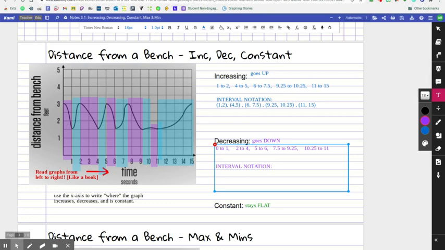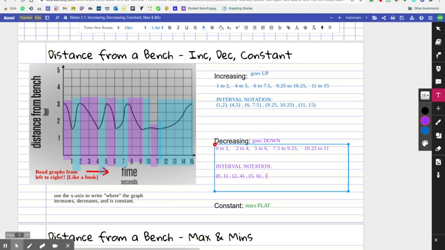So how would we write the interval notation for 0 to 1? Parentheses. Perfect. 0, comma, 1. The next one we have parentheses 2, comma, 4. Then we have parentheses 5, comma, 6.